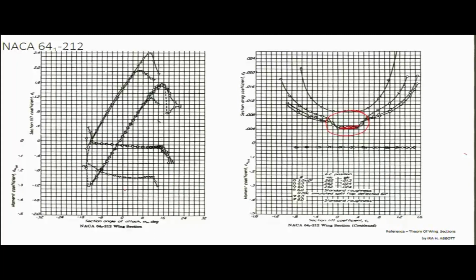And similarly, for this 641-212 aerofoil, CL naught is 0.1 and alpha at which CL becomes 0 is minus 1 degree.